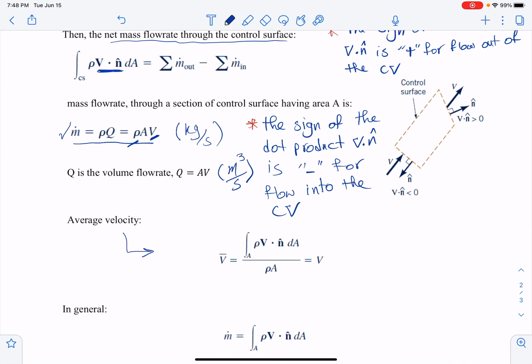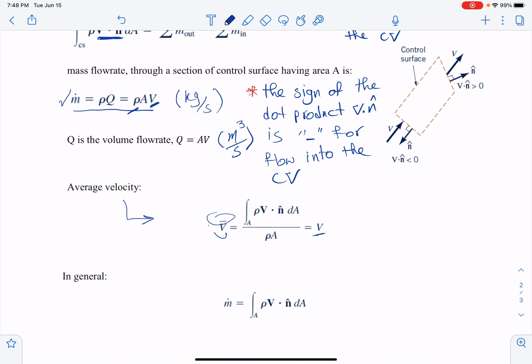And we don't need to use this symbol for average velocity. We can use that one. In general this is the equation of mass flow rate, but with some conditions that I just mentioned, we can use the above equation. By above equation I mean this one.